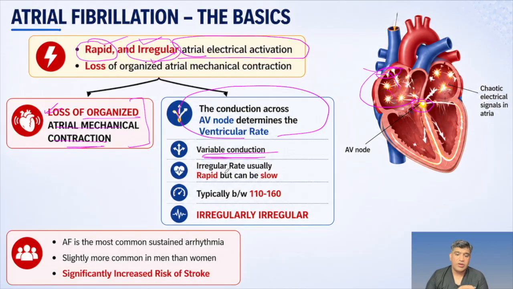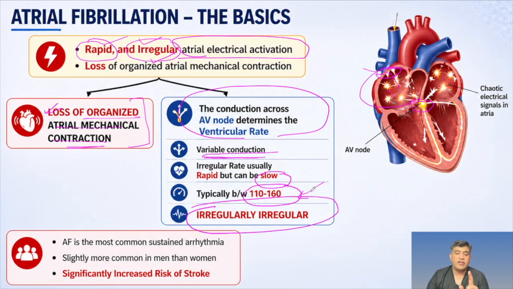The rate can be very high, between 110 to 160. This is a typical rate of AF, that is atrial fibrillation, but it can also be slow. The important thing is the contraction is irregularly irregular.